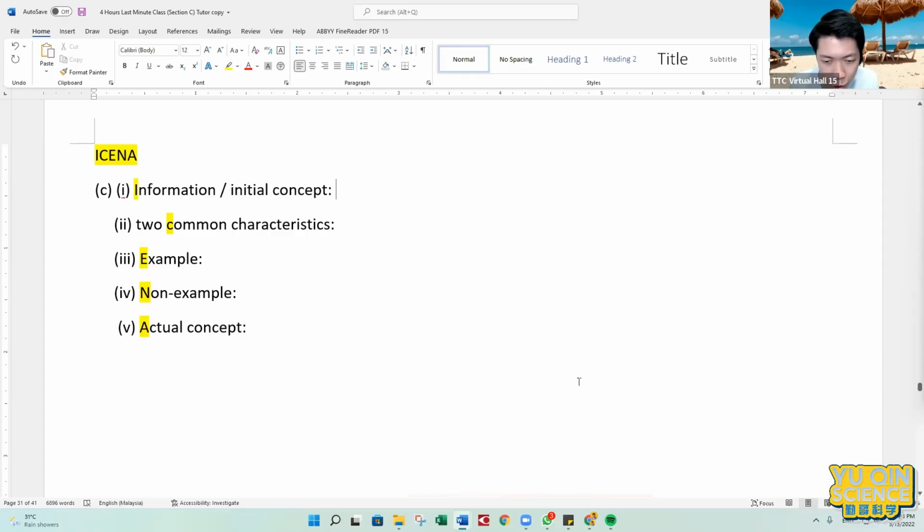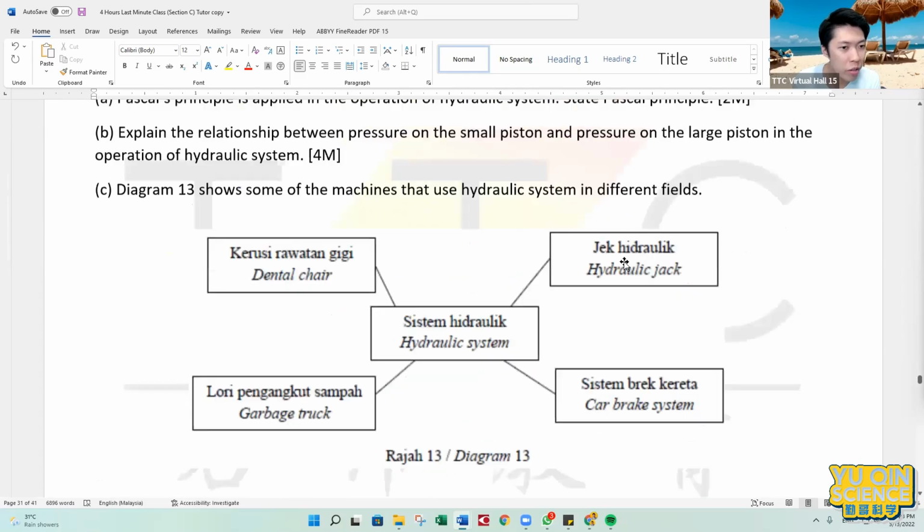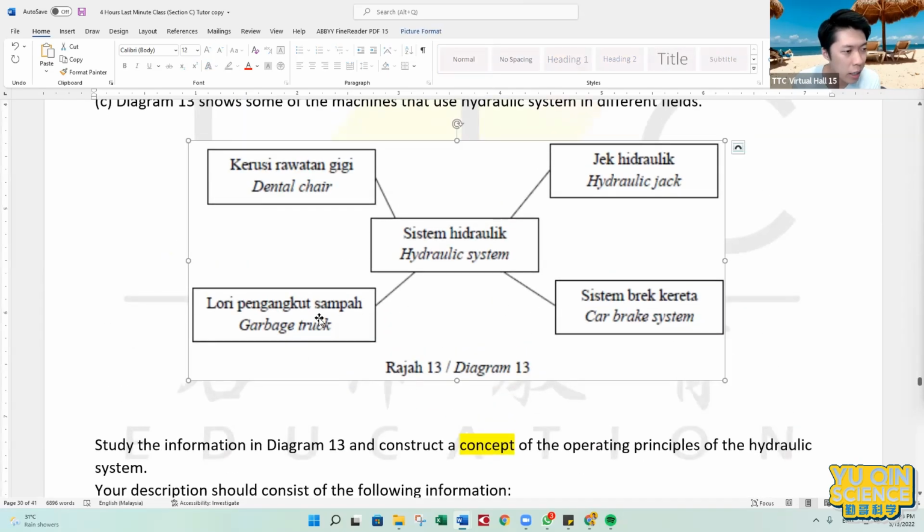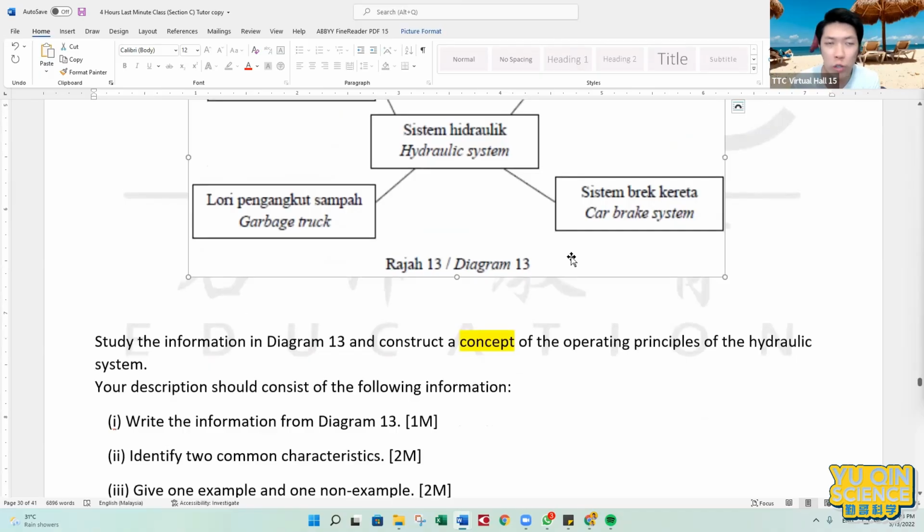Go to your page 29. So what do we have here? Hydraulic jack, car brake, garbage truck, dental chair, hydraulic system. The first one is information, or I should say initial concept.